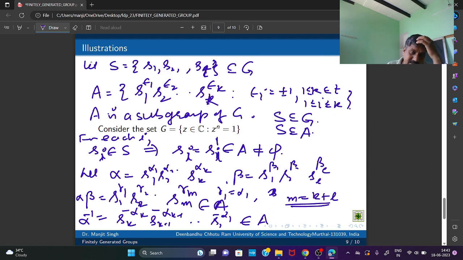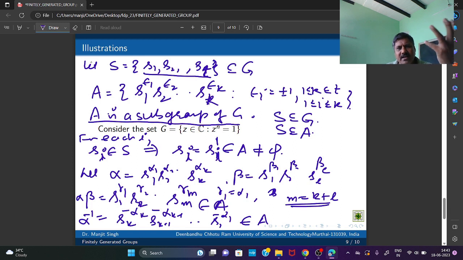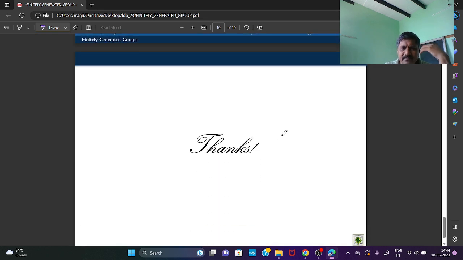Therefore, such a subgroup is said to be generated by the set S. Our special interest in this video is when G is generated by this set. By adding more elements to this set, we can find a subgroup A that is equal to G. So a group can also be generated by its subset, as we have shown in the previous example. Thank you.